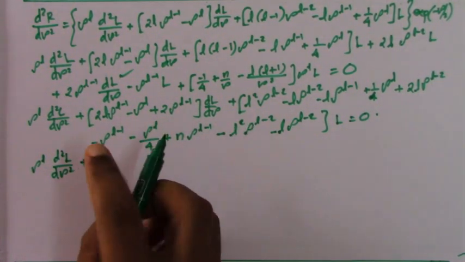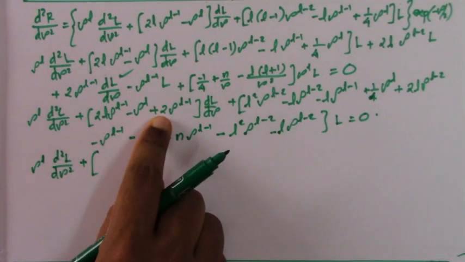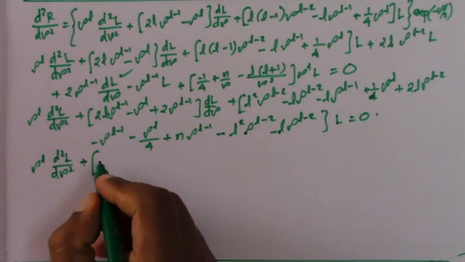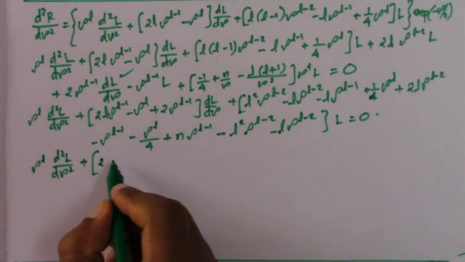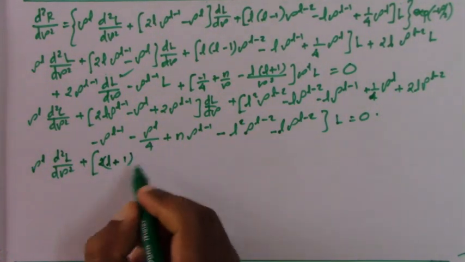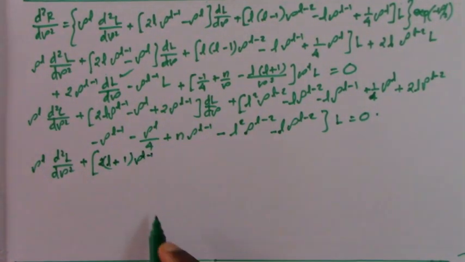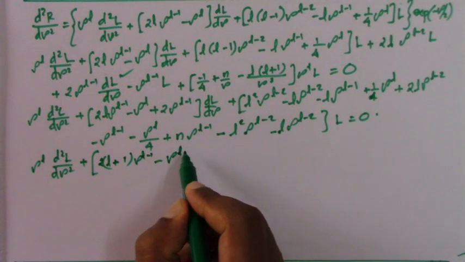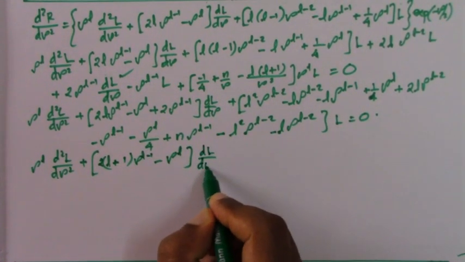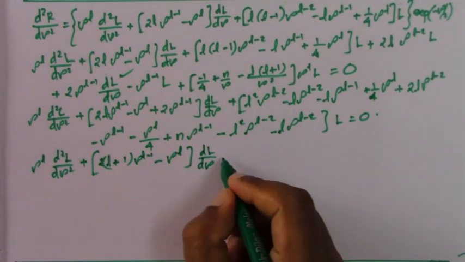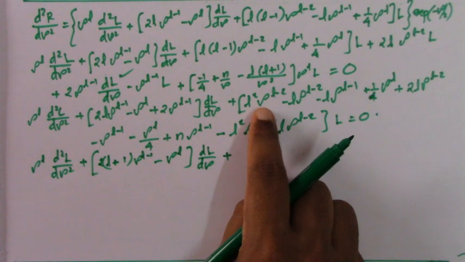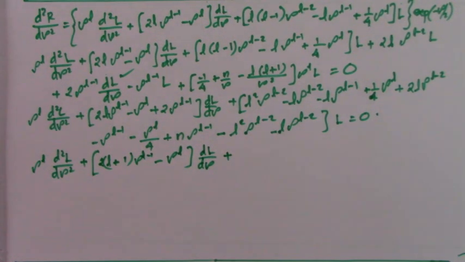So I can write 2 into L plus 1, rho raised to L minus 1, minus rho raised to L, dL by d rho, plus minus L square rho raised to L minus 2.